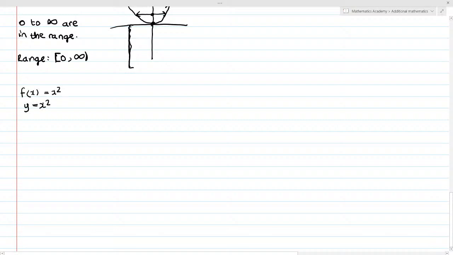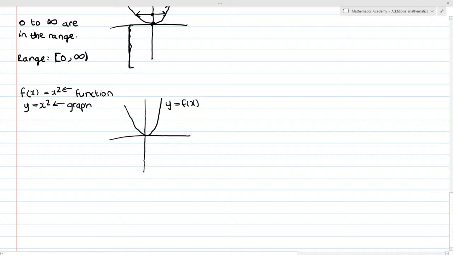The difference between the two is actually about whether you're thinking of graphing the curve or thinking of it as a function. If you want to graph the function f of x equals x squared, then you let y equal f of x, and then you graph it, and you get the normal curve y equals x squared.